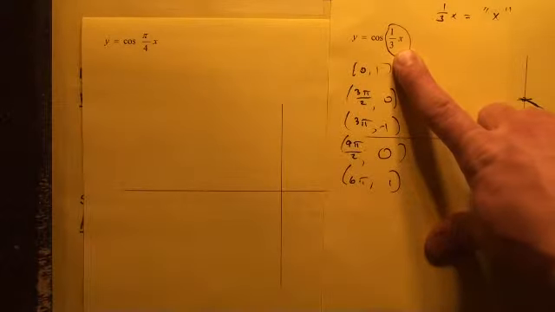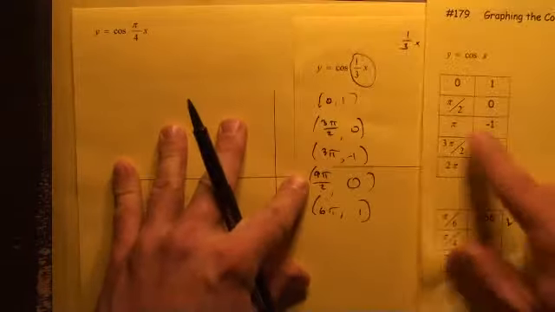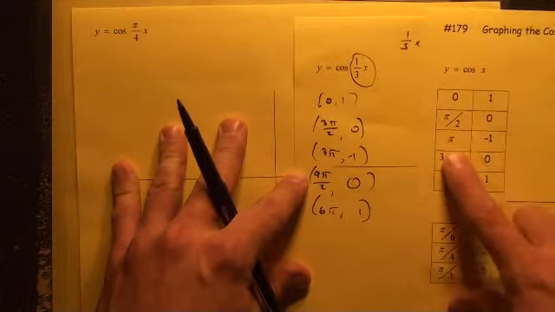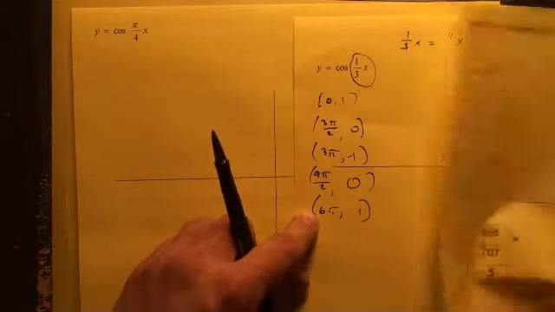Next one. Uh-oh, pi over 4. Pi over 4 is going to be in front of x. Alright, now let's go through the logic. What did the 3 do when it was a denominator? It multiplied all of the x values by 3. Right? 3 pi, 9 pi over 2, and 6 pi.